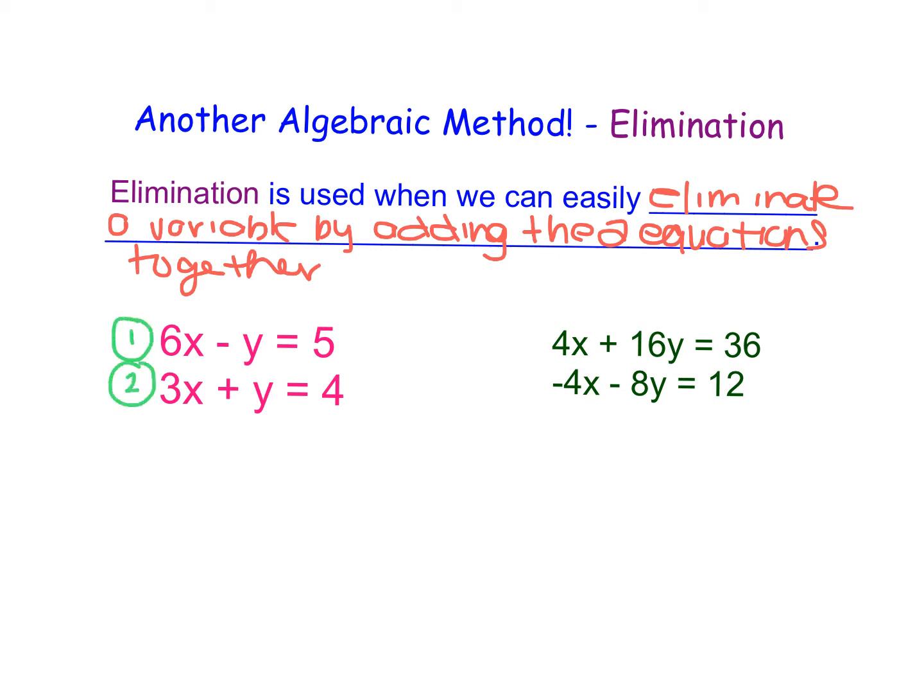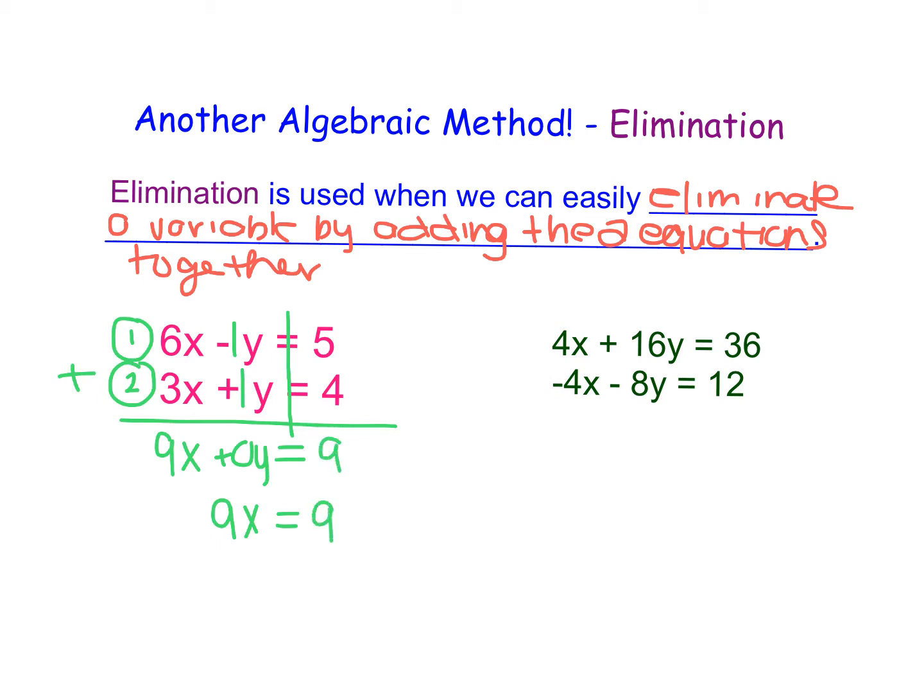So notice here I have my two equations, and if I add them together, my equal sign goes here. 6x plus 3x is 9x. Negative 1y plus 1y is 0y, which means it's really just 9x on the left-hand side. And then 5 plus 4 is 9.